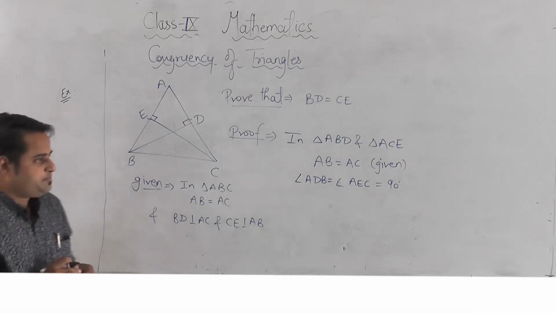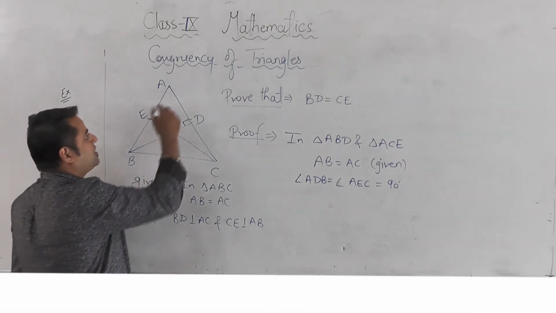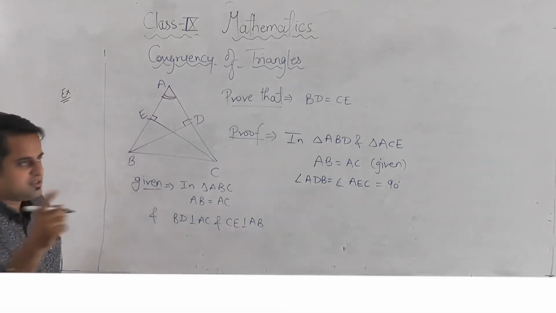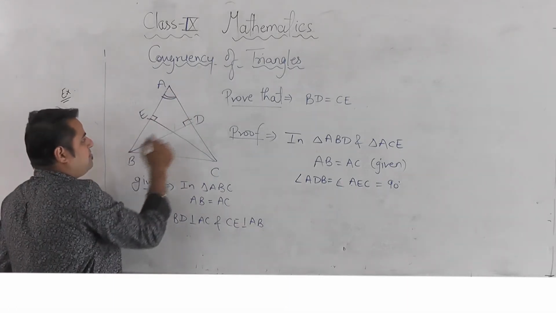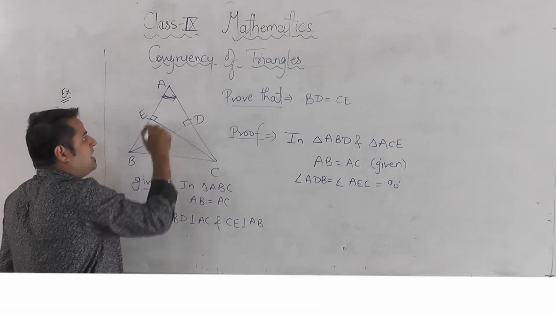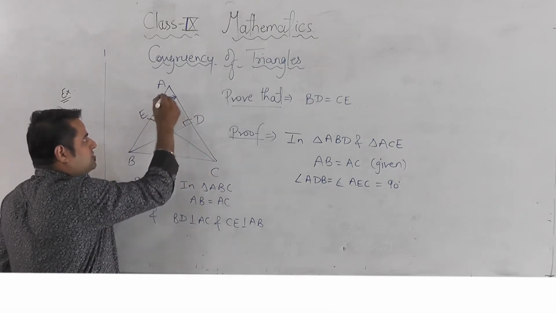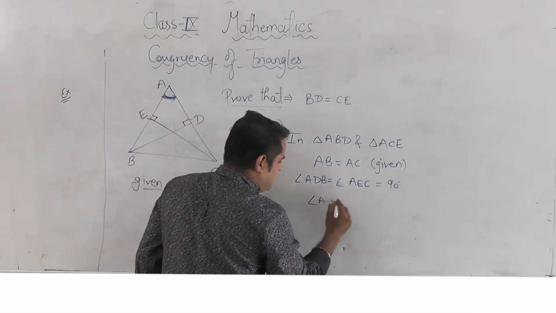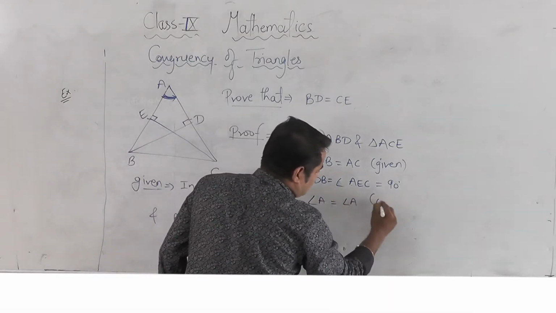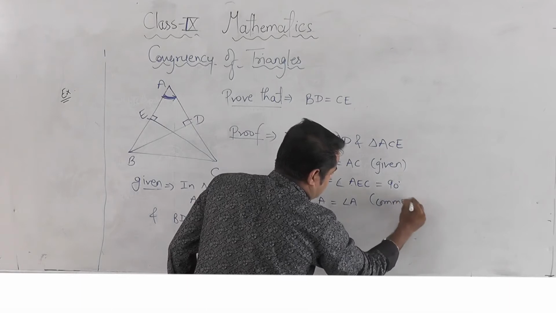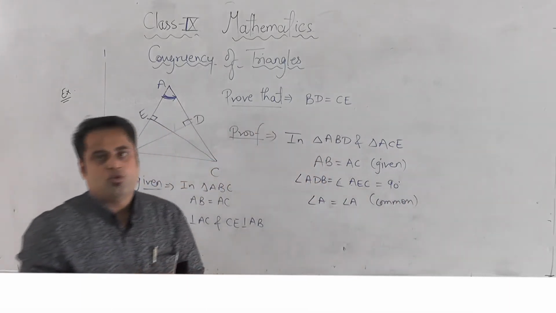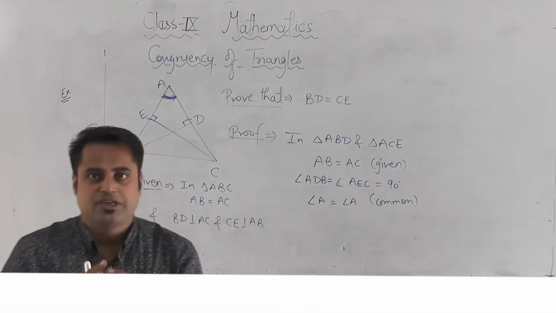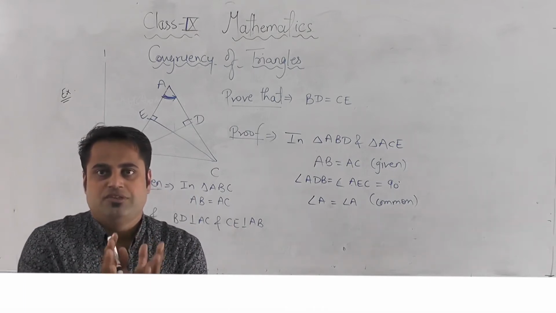Now the third thing. What is it? The third thing is the angle A, which is common in both. As you can see, in triangle ABD there is angle A, and in triangle ACE also this whole angle lies. So we can say this angle A is a common angle in both triangles. Remember kids, we need to always check whether there is any common part in the given triangles.